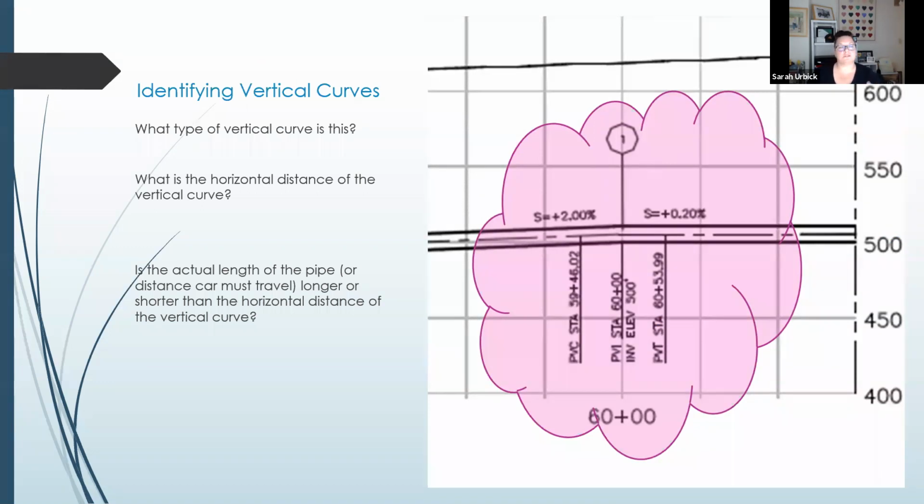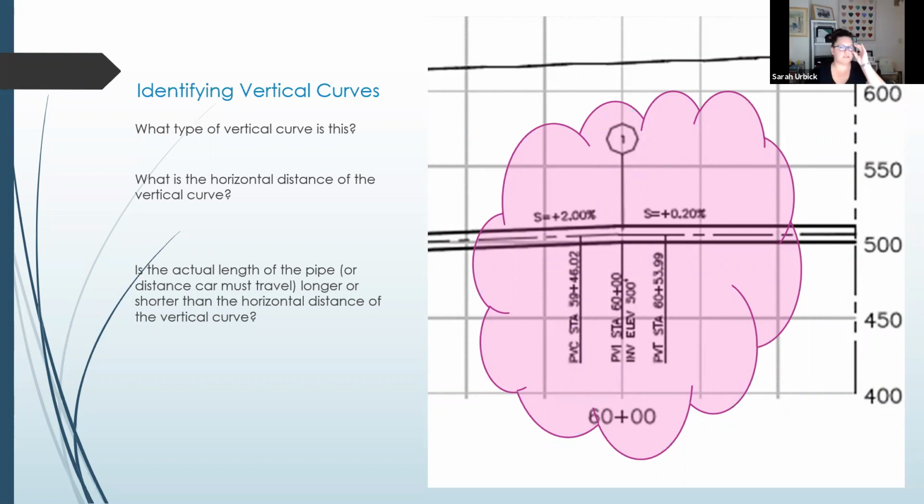Here we're dealing more with distance and elevation. So more like differential leveling, okay? Alignment is horizontal. Here we're dealing with vertical curves. We're dealing with more linear information, okay? Vertical, up and down, elevations.